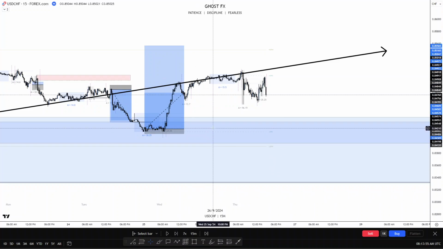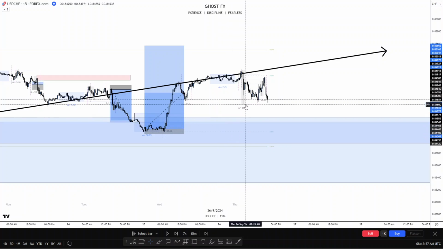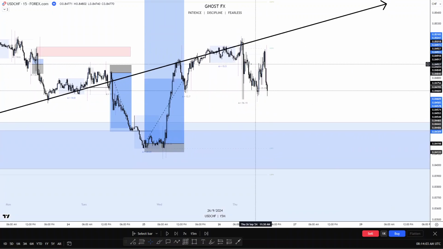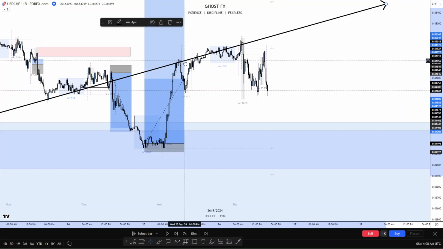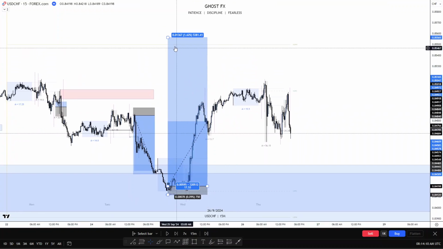Now, if you want to be stubborn and you want to trade internally again, you know price is bullish. We had, let me delete this.